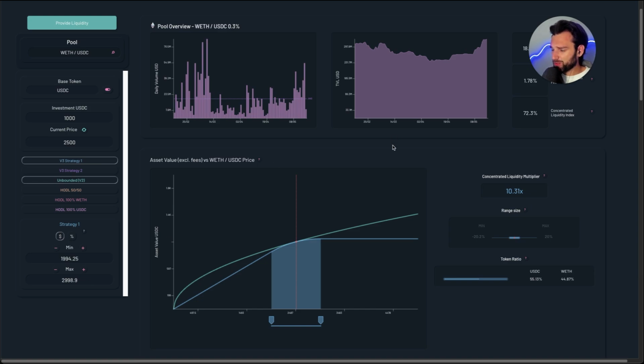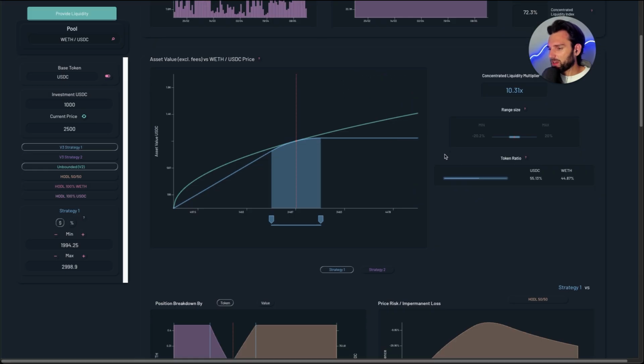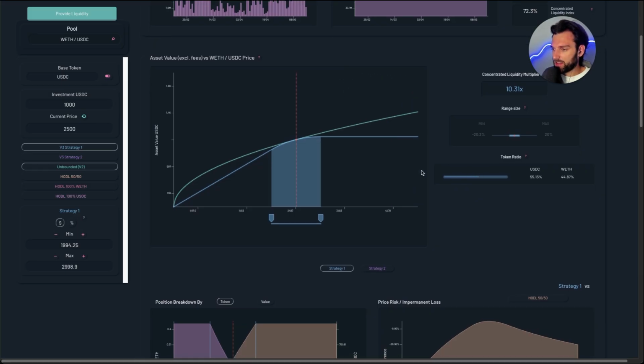2,998. So what happens? You see a lot of complicated graphs here, but the one that we are going to look at, I can give you the visual. So the red line is where we start. That's $2,500 per ETH. And when price goes up to the right side, you can see that when price goes up, so now we're at 2,600, our USDC value goes up.